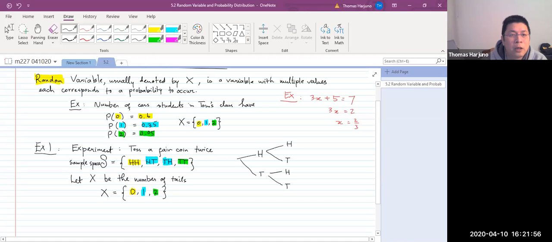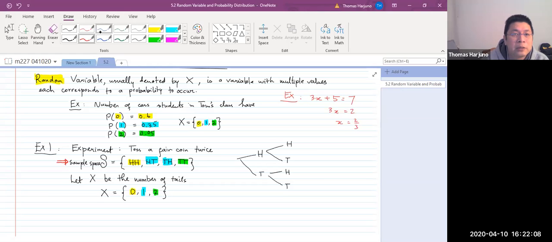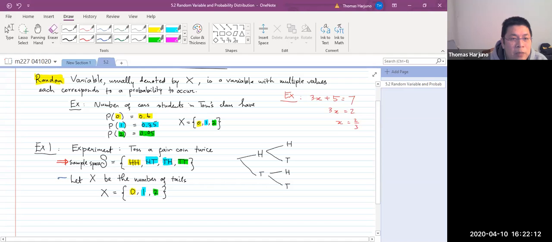You see, okay? Now, notice that I said earlier, once you have the experiment, the sample space comes to us automatically. However, a random variable is something we have to determine after we have the sample space.